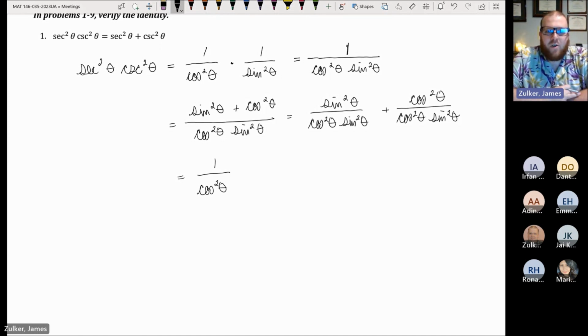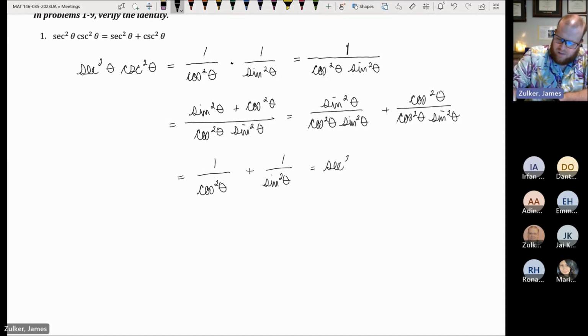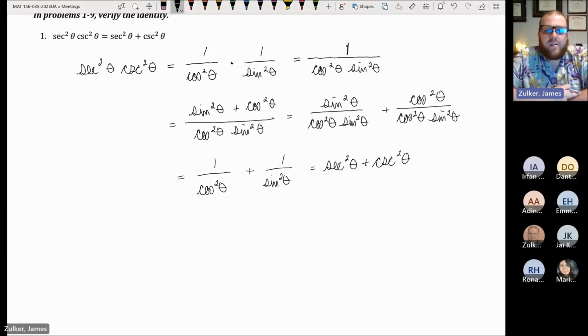That simplifies down to 1 over cosine squared. The second fraction, you have cosine squared over cosine squared, which is also just 1. One over cosine is secant, 1 over sine is cosecant. We can write that then as secant squared plus cosecant squared. And the identity's been verified.